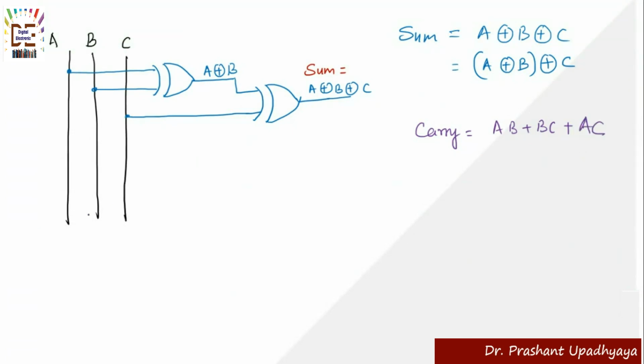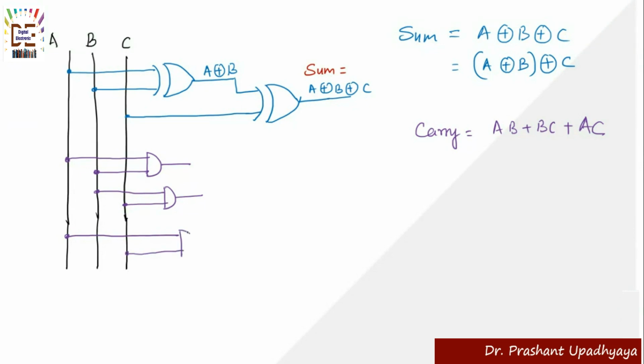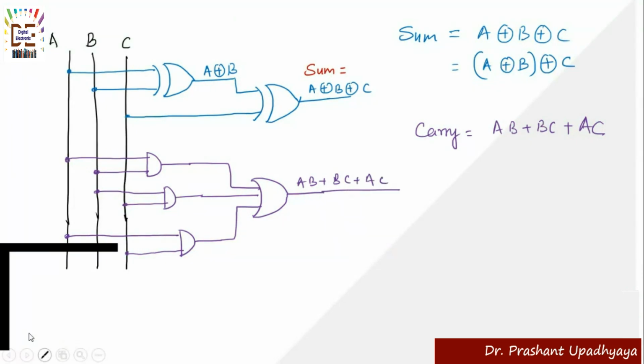I can write it this way: for AB, I take A and B and AND them. Then I take B and C and AND them. Then I take A and C and AND them. Then I combine all of these. So this will be my carry, which is AB plus BC plus AC.